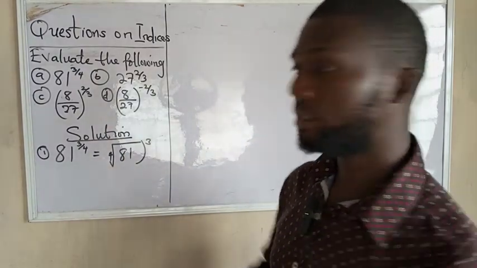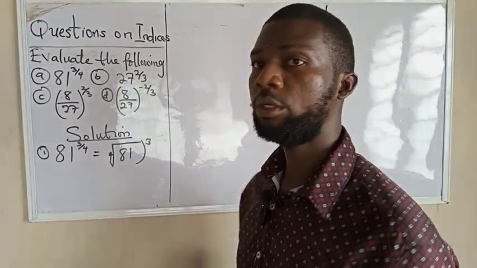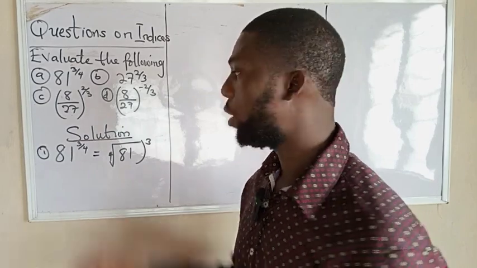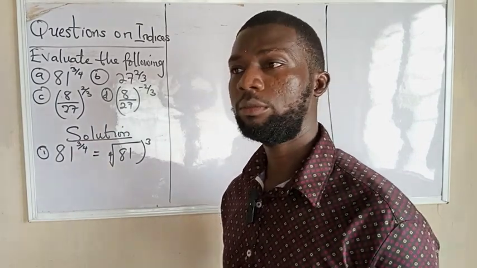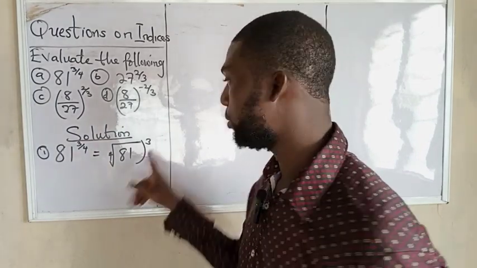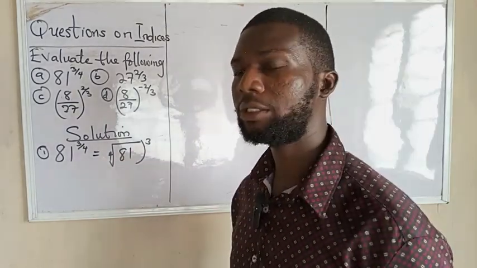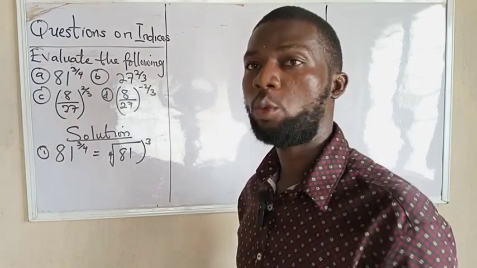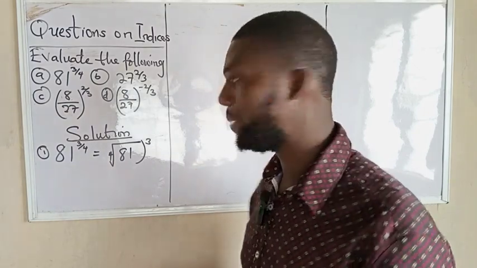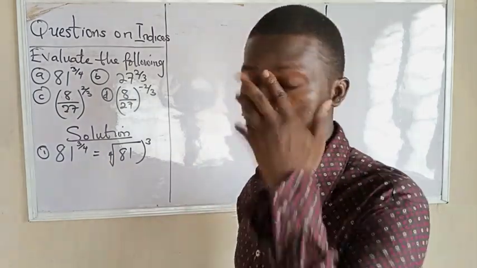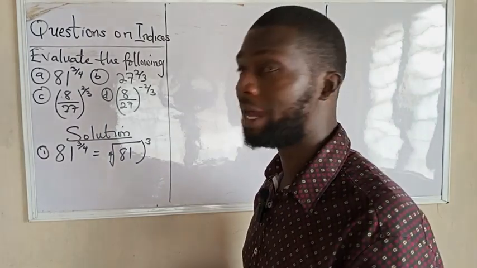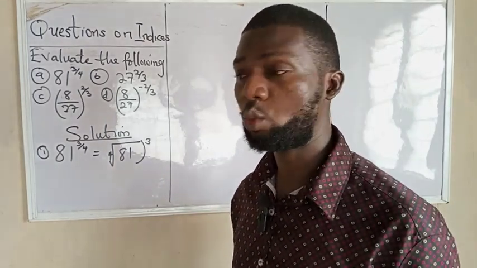Please, let's not forget that the denominator tells us the name of the root, while the numerator stands for the power. Now, the fourth root of 81 here means, what is that number that when you multiply it 4 times, it gives us 81?